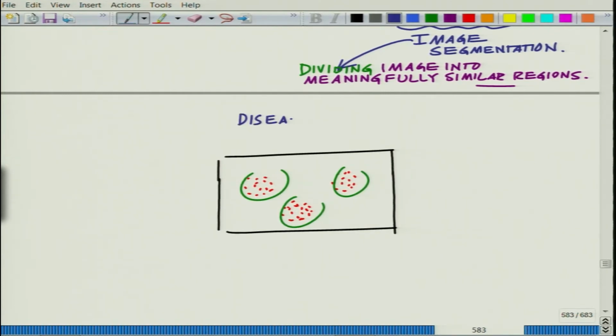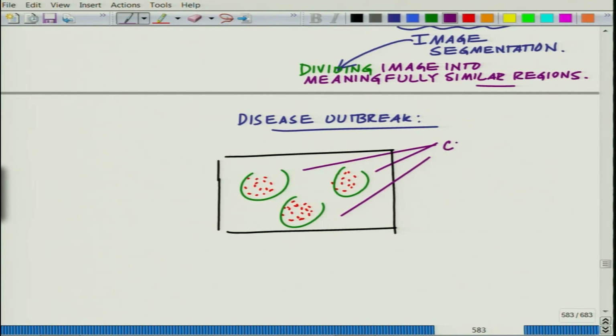Organizing cases into clusters of affected areas helps us understand how the outbreak is evolving and where it is spreading fastest.